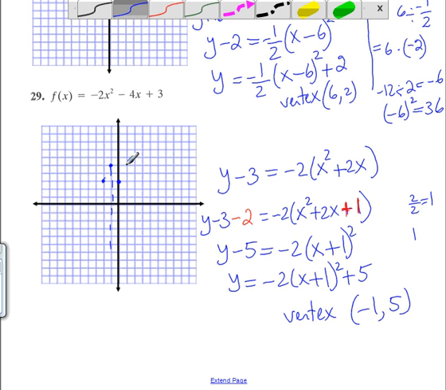And instead of going 2, 4, we're going to go 2, 8, but going down. So 2, and then 2, 4, 6, 8. Let's put another one over here. So this is a thin, or what we say vertically stretched parabola, and it's upside down.